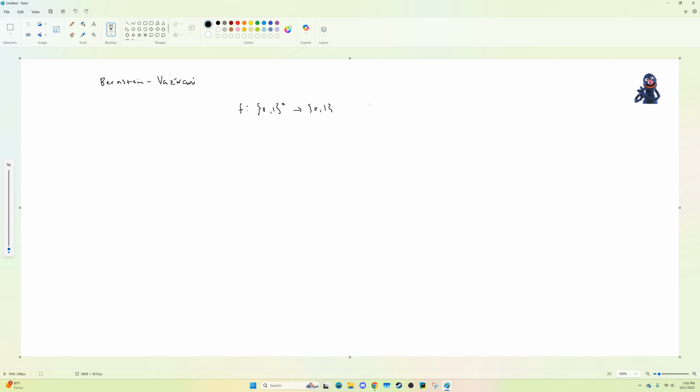It's not either a constant or balanced function we're trying to find. This time, Bernstein-Vazirani has some secret string s, which is n bits, and querying it will give you a 1 if you pass in s. It's going to give you a 0 for all other inputs.